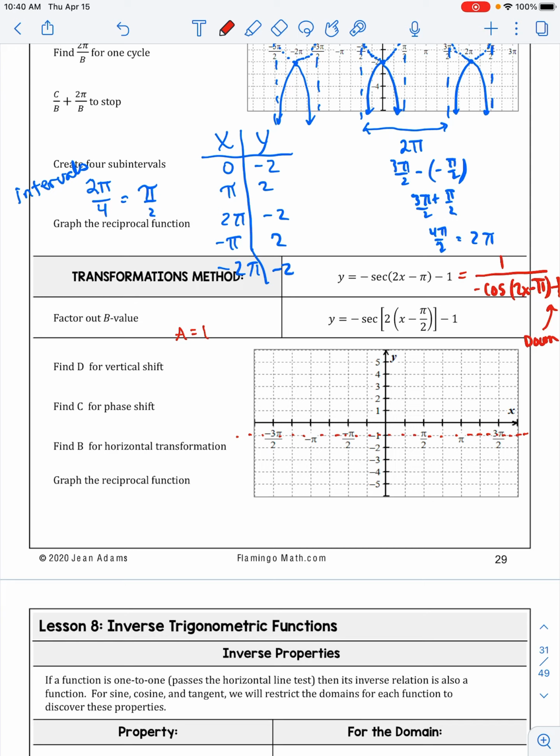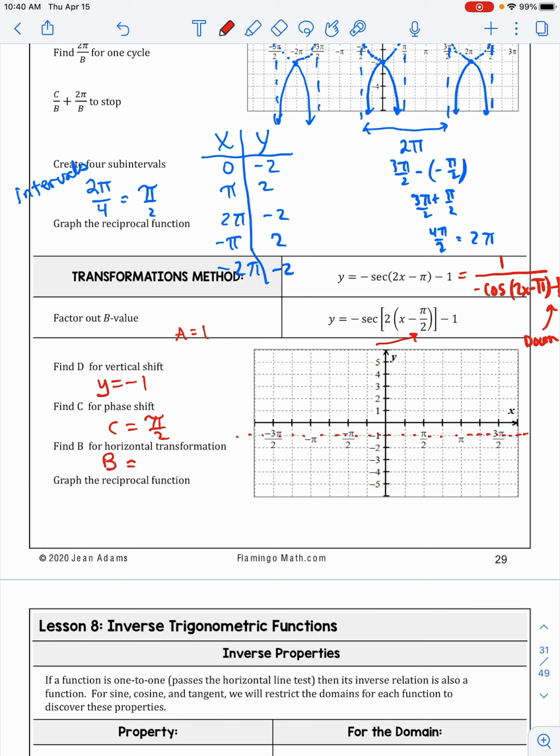Well, it's negative 1, so we're going to be sketching the skeleton of a negative cosine function. So your vertical shift, we said, was y equals negative 1. Your phase shift, now that you've factored it out, is pi over 2.